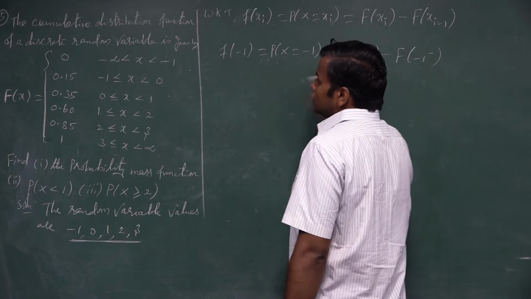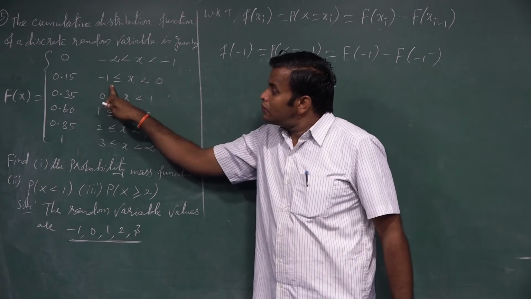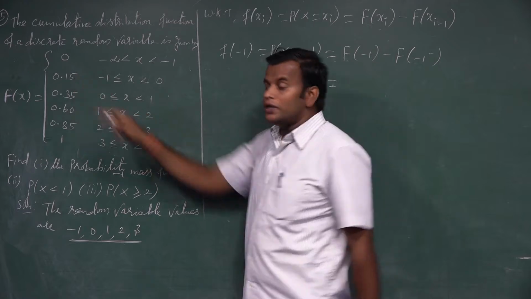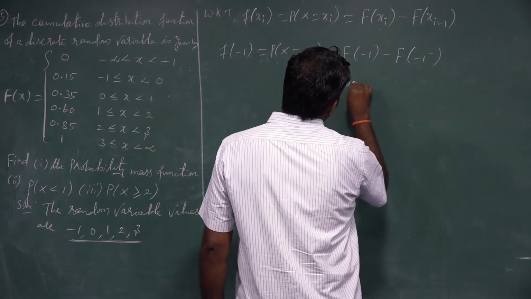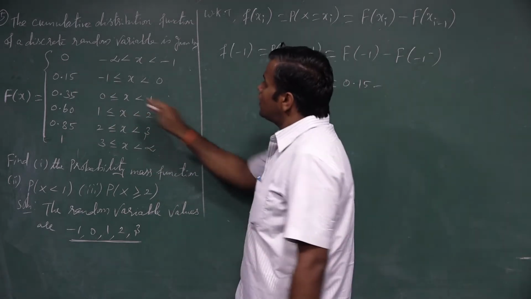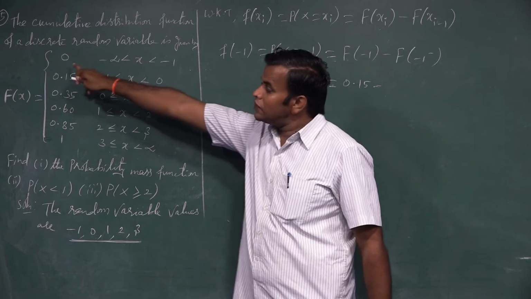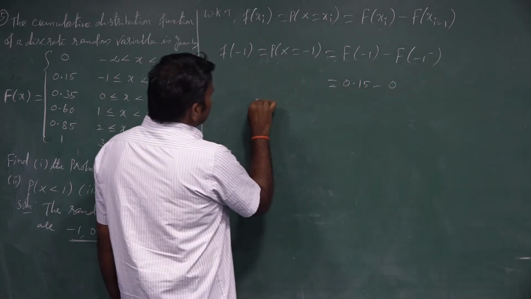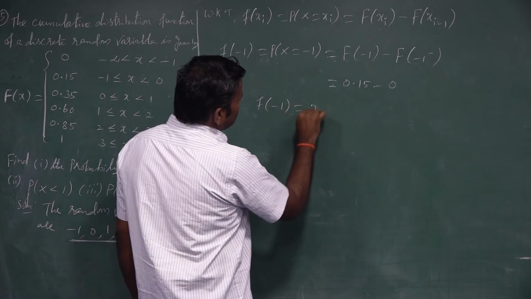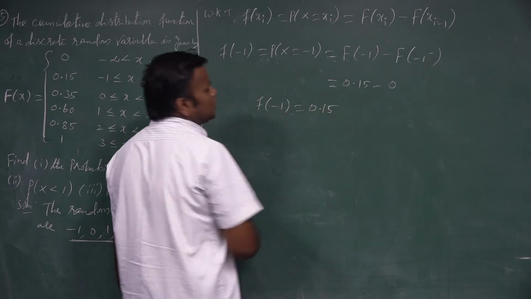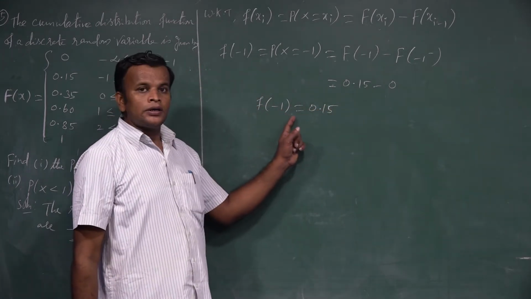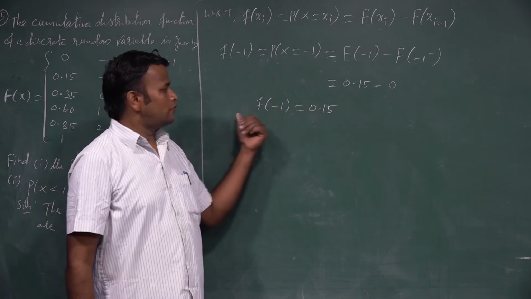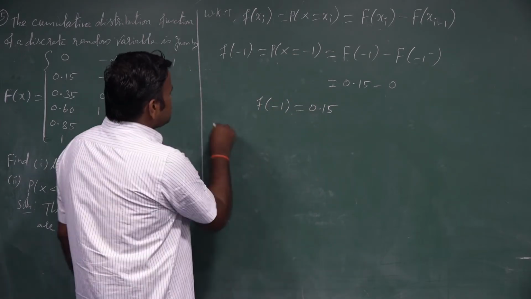When x is equal to minus 1, capital F of x value is given as 0.15. So we enter the value 0.15 minus the previous one; before minus 1, F of x is defined as 0. So f of minus 1 value is 0.15. F of minus 1 and P of capital X is equal to minus 1 are both the same. So the first value is over.